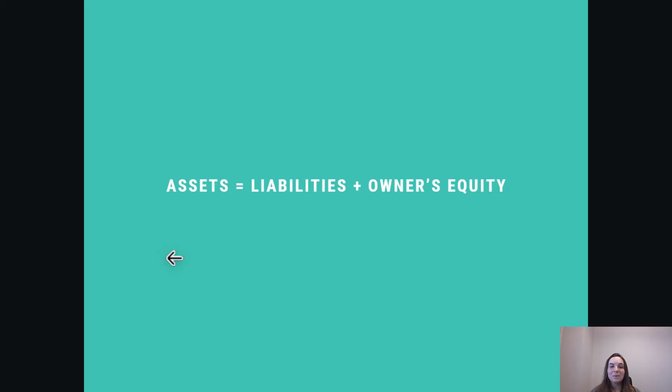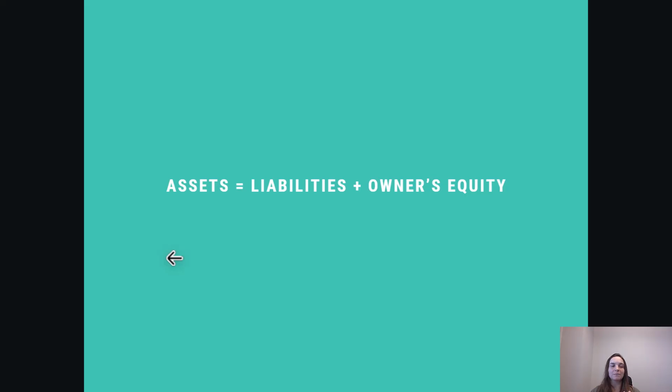Now we come to owner's equity. And owner's equity is a very odd kind of type of account, it's an odd concept. So when we look at our accounting equation, we have assets equals liabilities plus owner's equity. If you move liabilities over to the other side of the equal sign, we then get assets minus liabilities equals owner's equity. I think this is kind of an easy way to understand it.